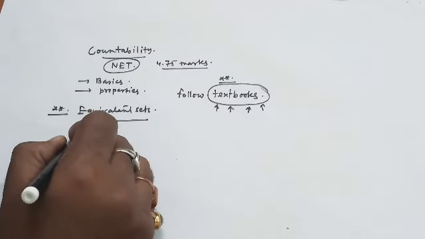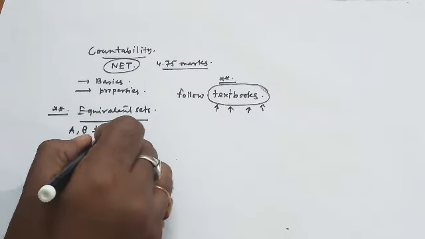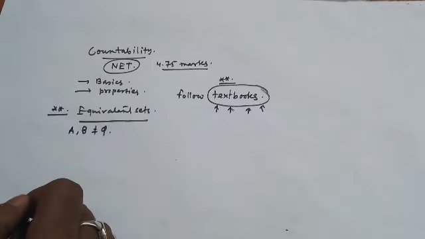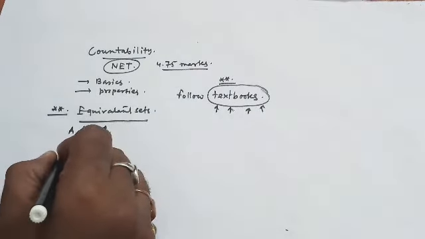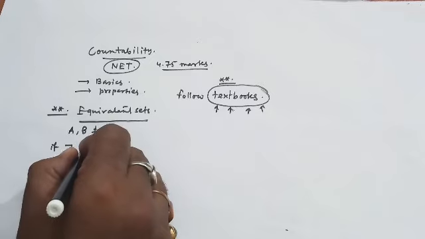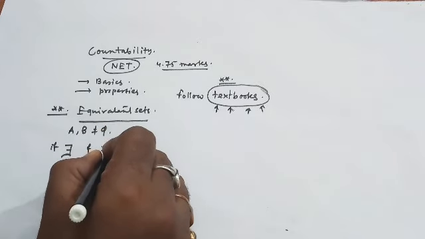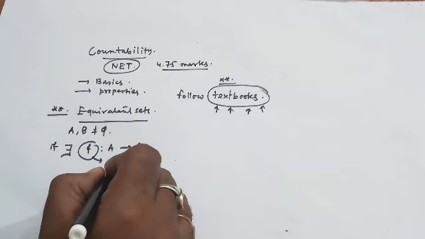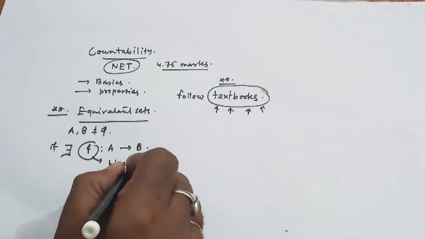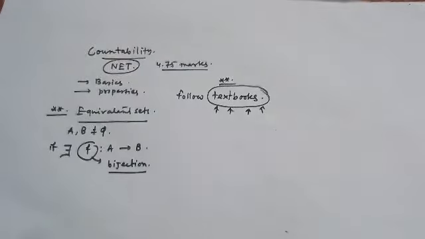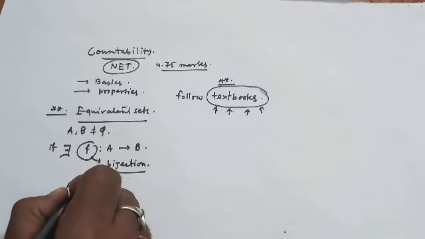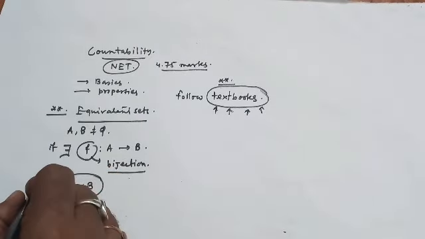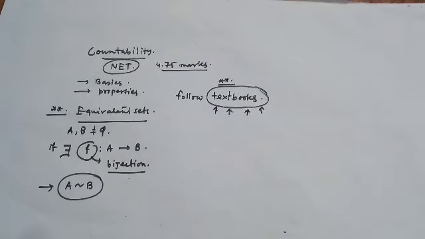Suppose we have two non-empty sets A and B, and we call these two sets equivalent sets if there exists f from A to B such that f is a bijection. Then we call these two sets equivalent sets, and symbolically we denote it this way.